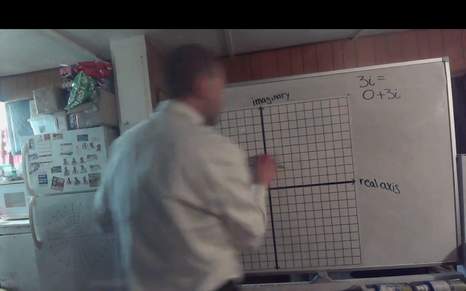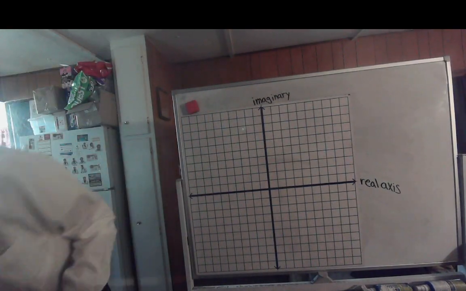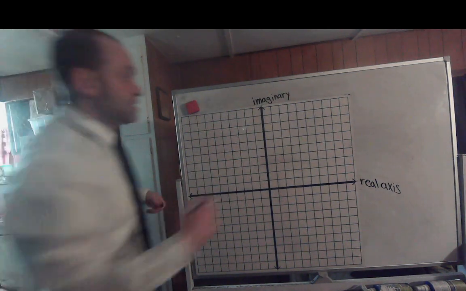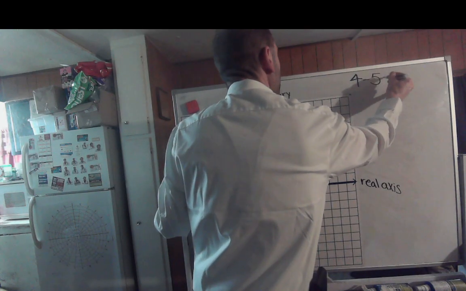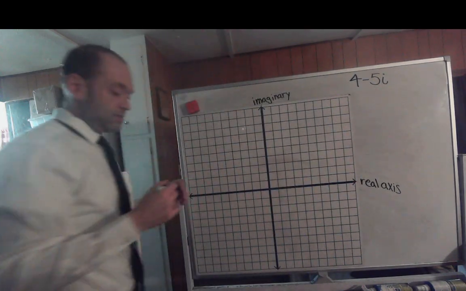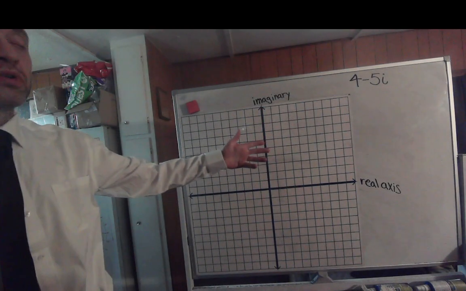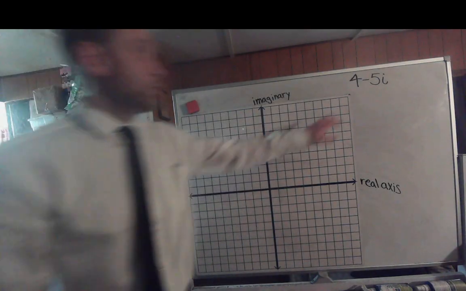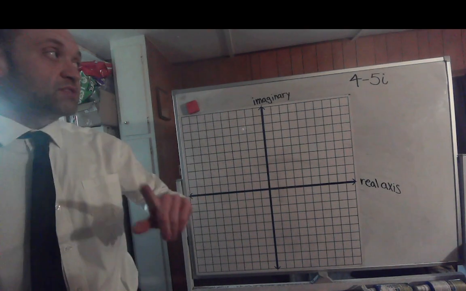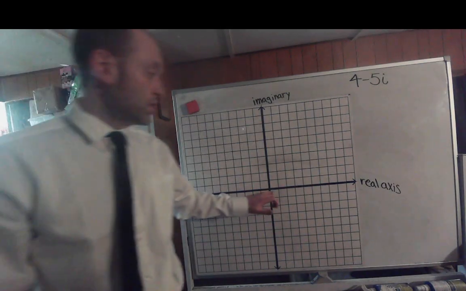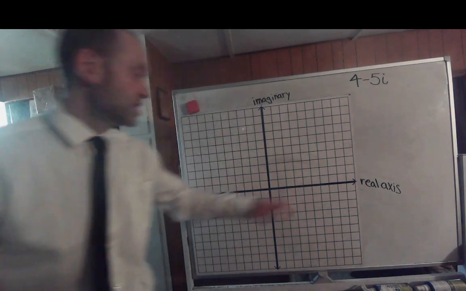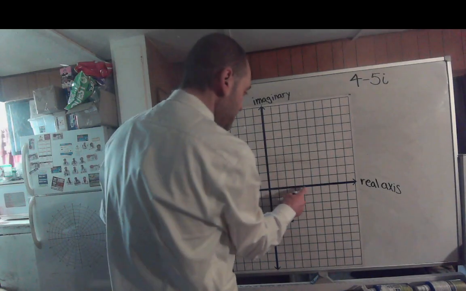Now where it gets interesting, we have only 2 of these coming up. Let's say you had something like 4 minus 5i. That's almost comparable to 4 comma -5 in the real numbers, but 4 minus 5i, so this tells me I'm going over 4 positive in the reals, 1, 2, 3, 4.